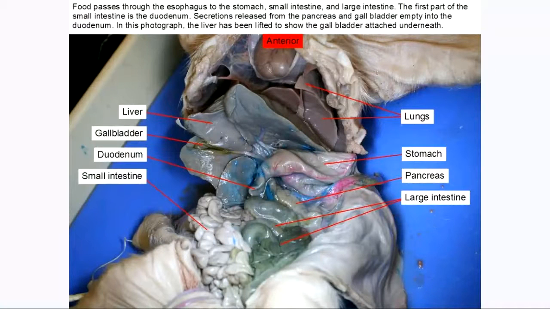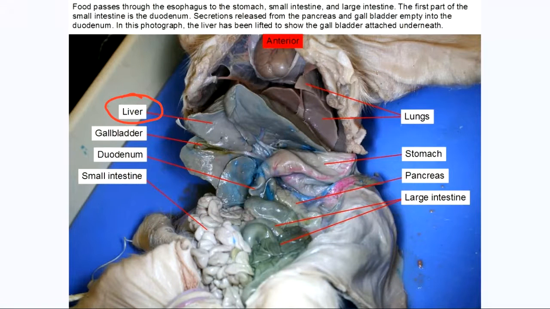So you have the liver, which is responsible for storing glucagon and producing bile. And bile is a secretion that emulsifies fats.